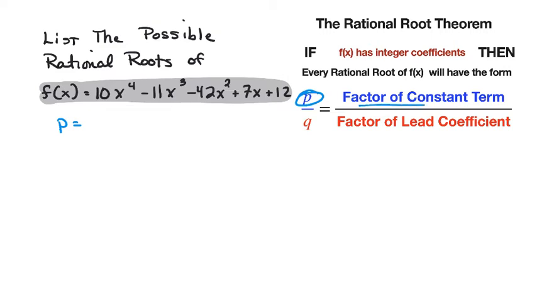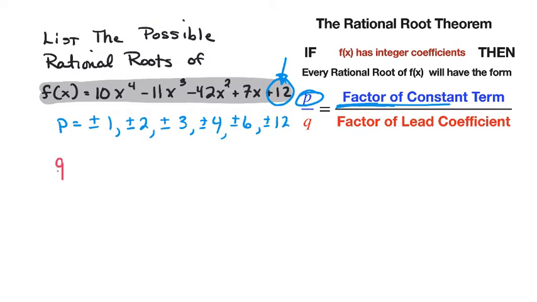They are the factors of the constant term. Your constant term should always be at the end, but it's the term that doesn't have any x's with it. It's just the number 12, a constant. And it says list the factors of 12, so things that divide into it. That's 1, 2, and 3 goes into it, and 4 divides into it, and 6 divides into it, and 12 does.